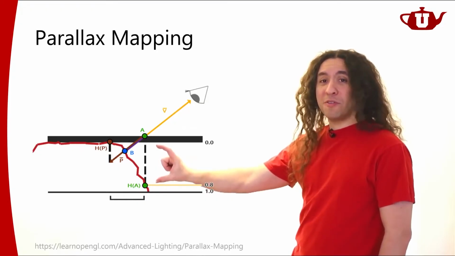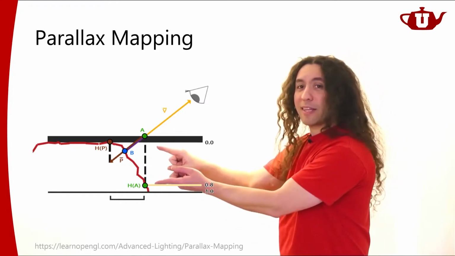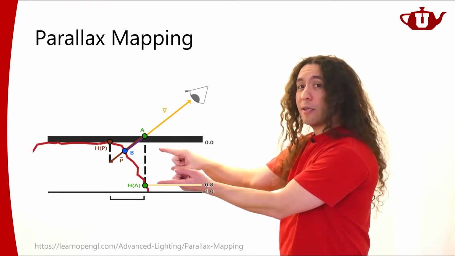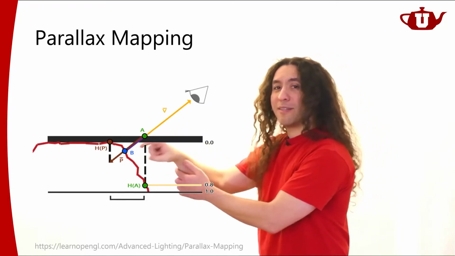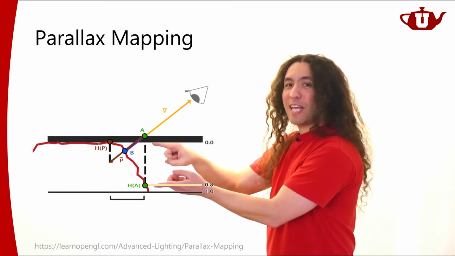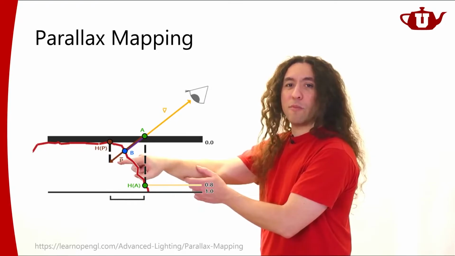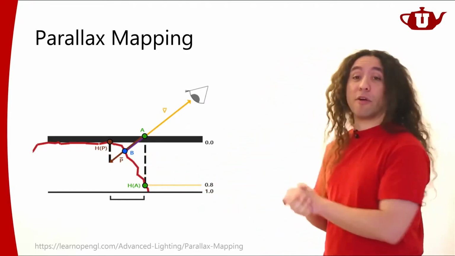Now, what I do with parallax mapping is that I take this length and say, you know what, I'm going to use this length to continue along this view direction with the same length, and I end up at a point over here. And I'm going to assume, okay, this is the point where I actually find the surface.